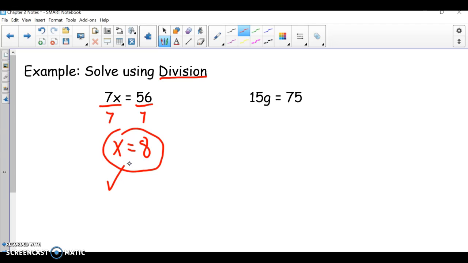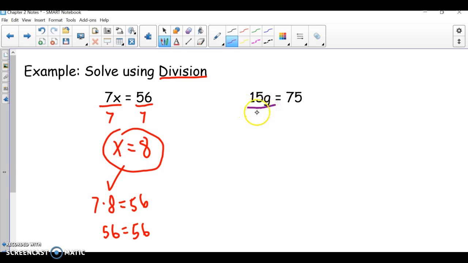Again, you could check it. You could say, does 7 times 8 equal 56? And we understand that 7 times 8 does equal 56. And the next example, this one says 15 times g equals 75. 15 times what value does g have to be to make it equal 75?